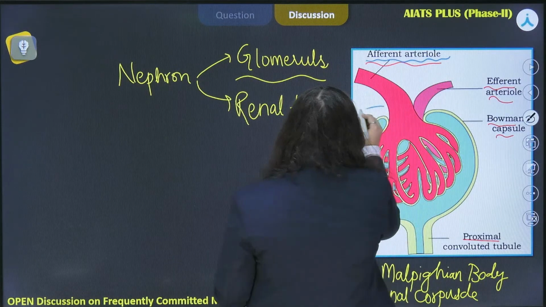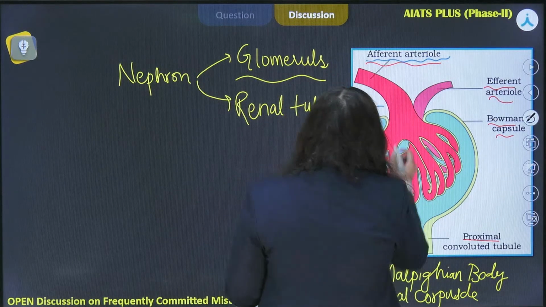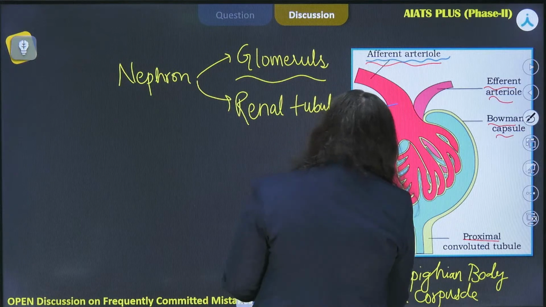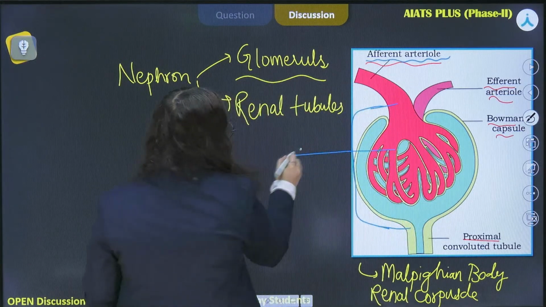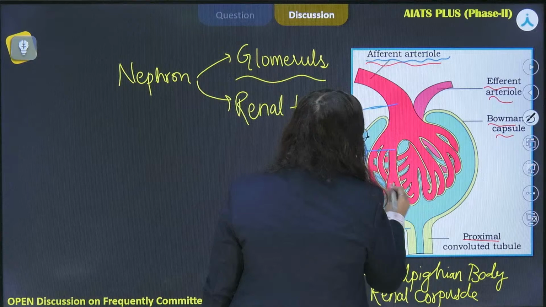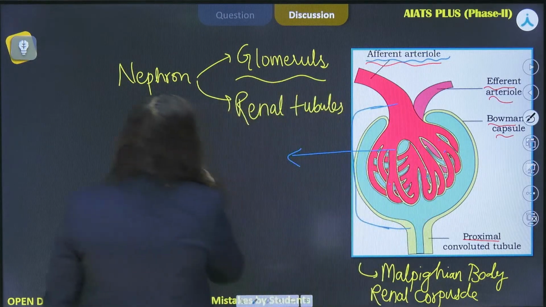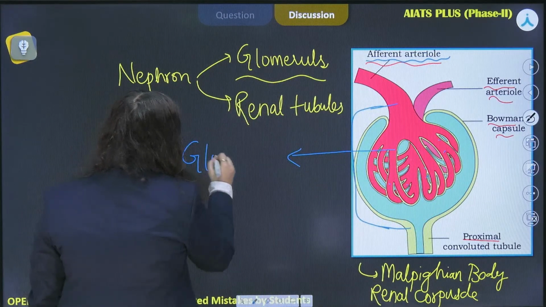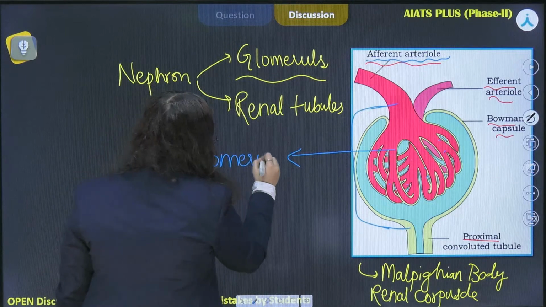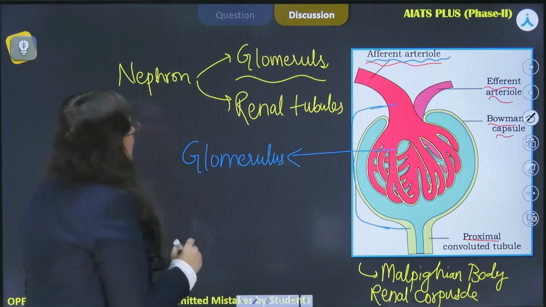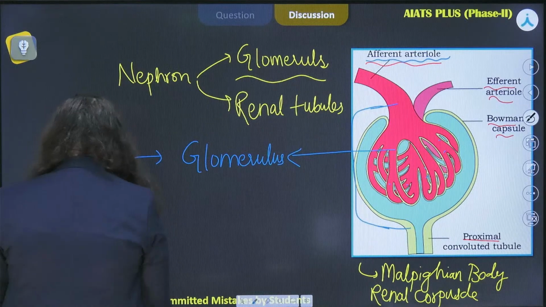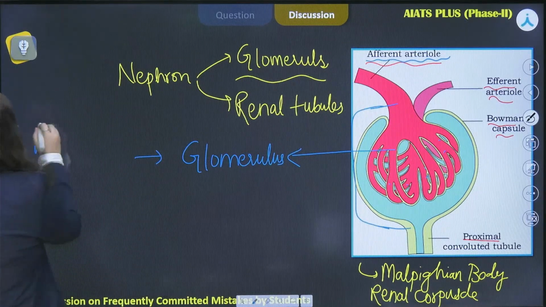The figure that you see here, the red color mesh-like structure, this is the glomerulus, and it is formed by the efferent arteriole.